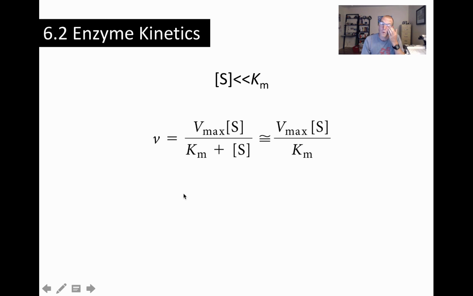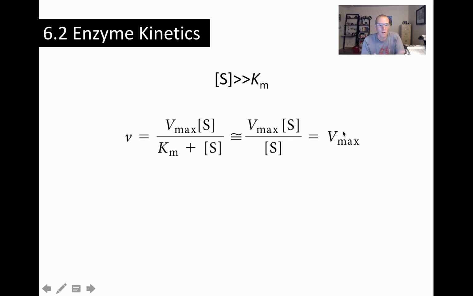So if we take this equation here, which is the one we started with, this variable is so small relative to the Km that it doesn't really have any influence. So at very low substrate concentrations compared to the Km, the reaction velocity is roughly proportional to the substrate concentration. That gives us a bit of an intuitive feel for what's going on here.